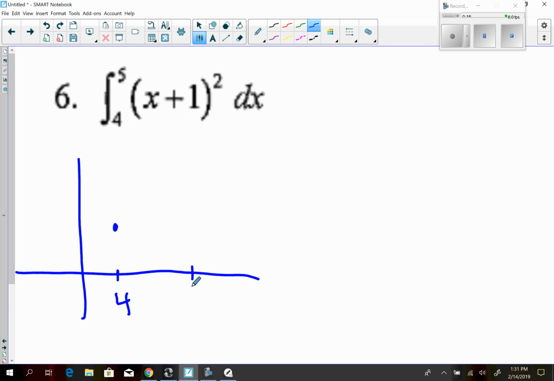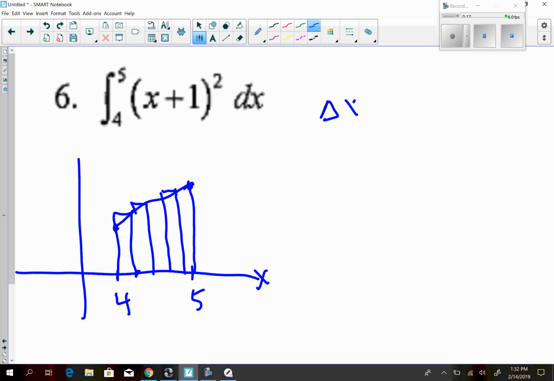When x is 5, y is something else. So we got this function. Doesn't matter really what it looks like. The integral means the area between this function and the x-axis from x equals 4 to x equals 5. We slice this up into right rectangles. There's the first rectangle. There's the second rectangle. And so on and so on. Here's the kth rectangle.